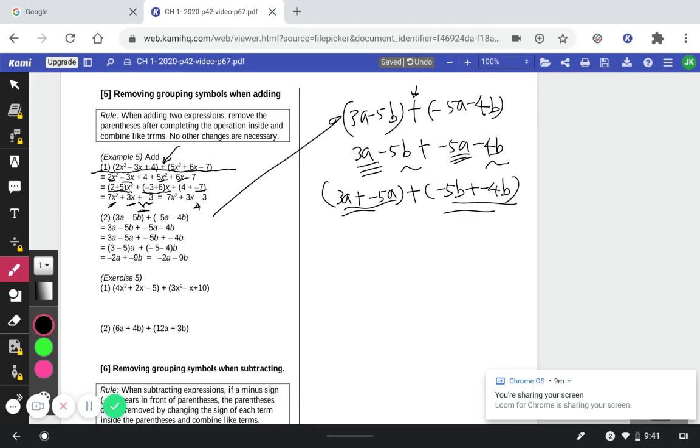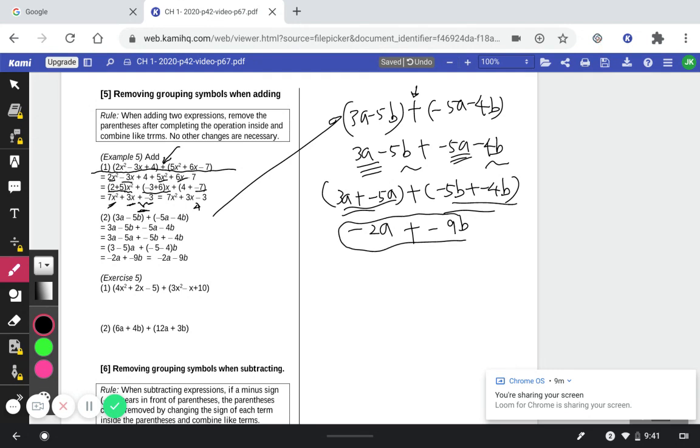So 3a minus 5a is adding signed numbers. You have different signs, so you subtract, and the bigger number has a negative, so you end up with negative 2a. Now you are adding negative 5b minus 4b. You have the same sign, so you add them, and the bigger number has a negative, so negative 9b.